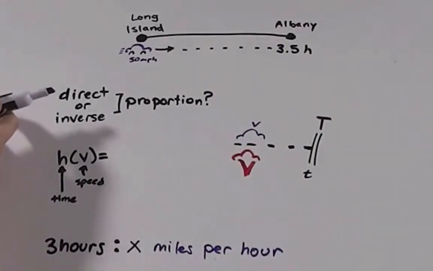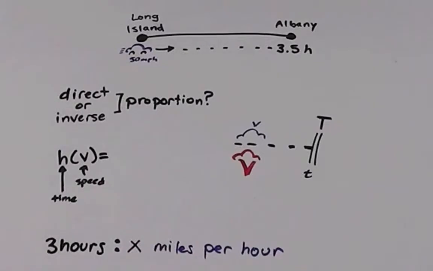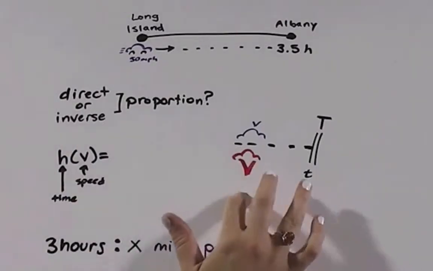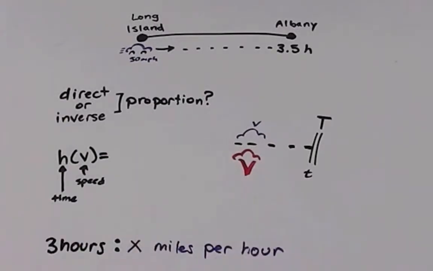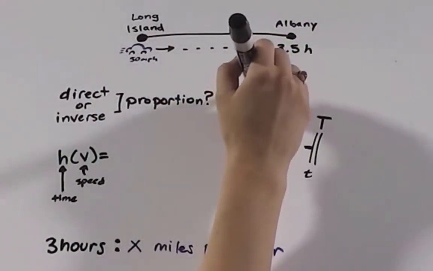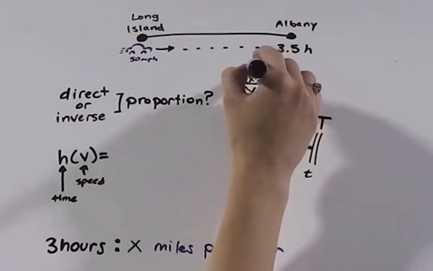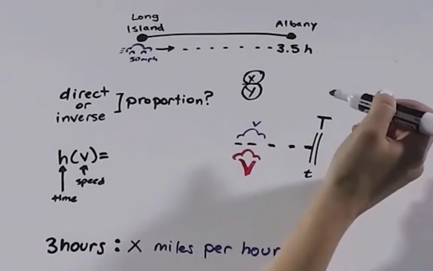Now this first question asks us, is the time the drive takes directly or inversely proportional to the speed? A proportion means that there's some relationship between these 2 values. If you have 2 values that you're relating, let's call them x and y, as x gets bigger, if y also gets bigger, that's called a direct proportion.